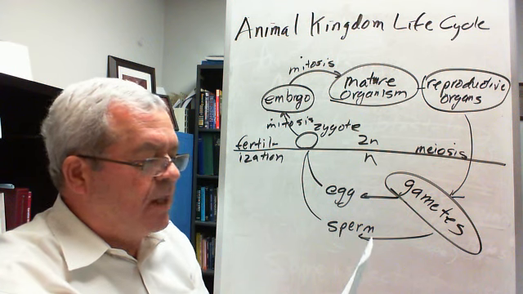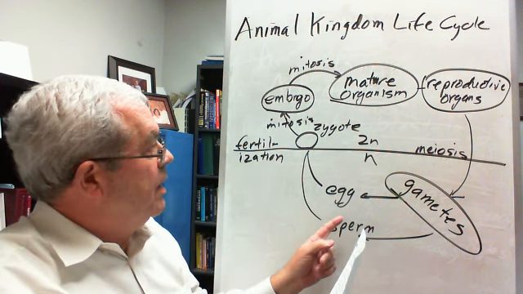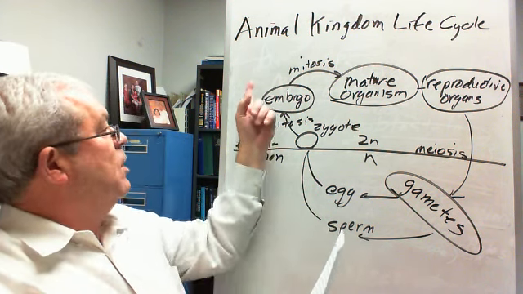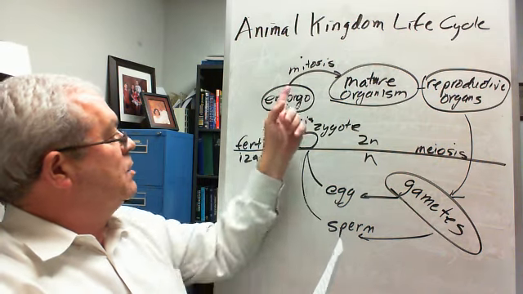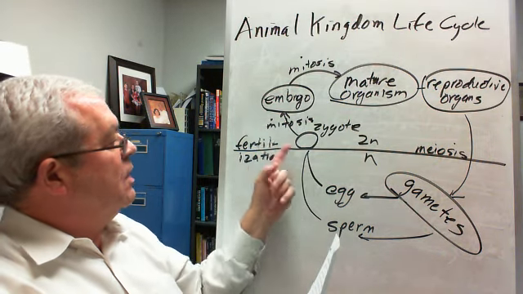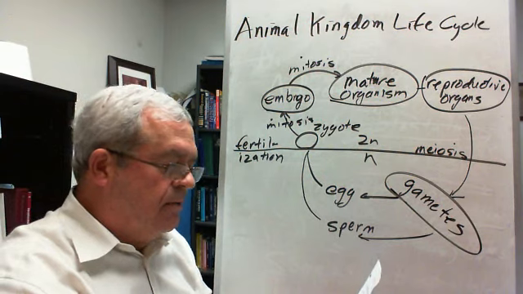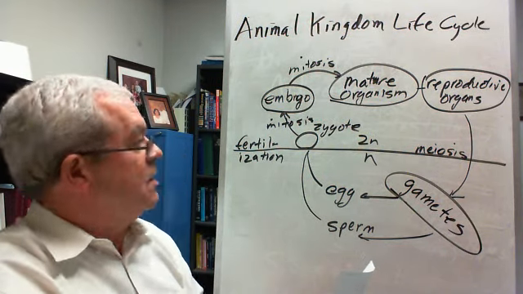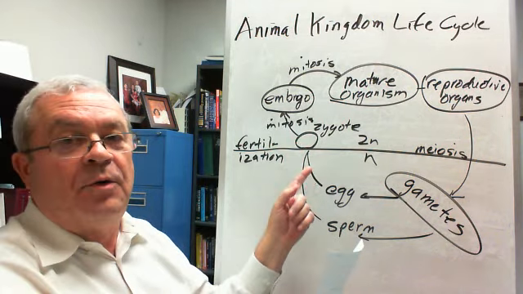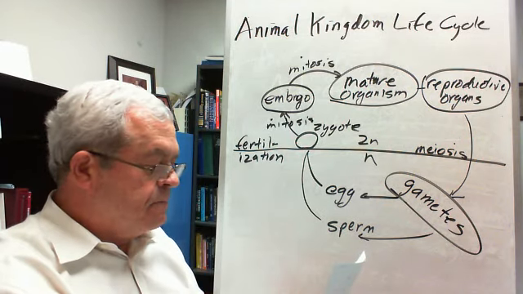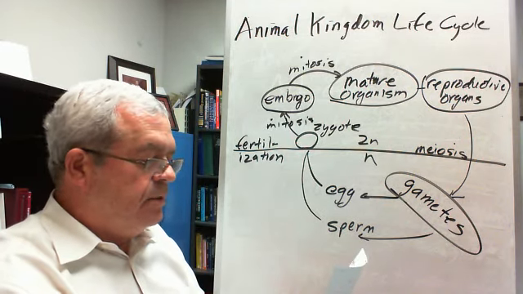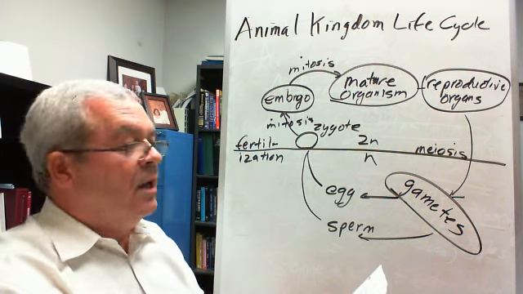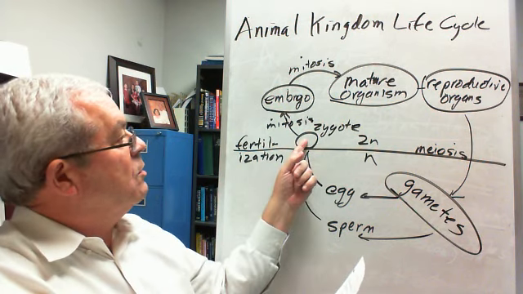What process takes the life cycle from the haploid to the diploid? What process gets us across the line going this way? Must be fertilization. Egg meets sperm. What is the name of the first cell produced by this process? I think it's a zygote, right? A zygote in any kingdom is always what chromosome number?